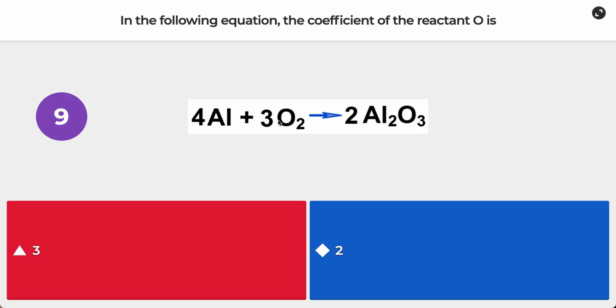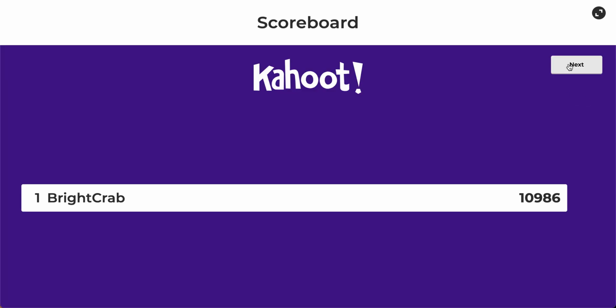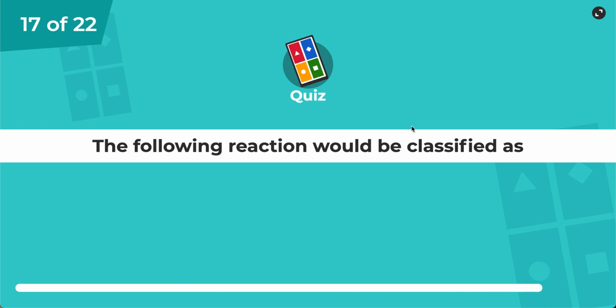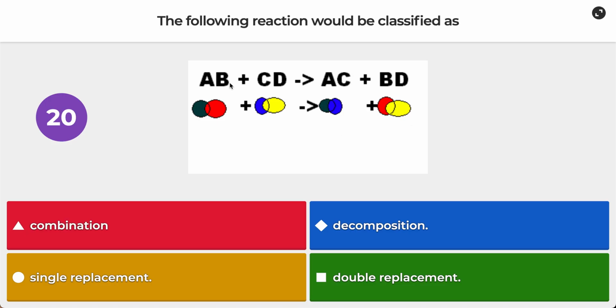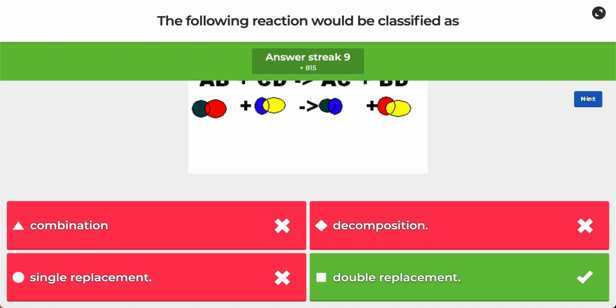All right, the reactant, we're looking on the left-hand side, and so we are looking at this number 3 is the coefficient, the big number. All right. The following reaction would be classified as what? So this is going to be, once again, we have ions swapping places, and that is going to be a double replacement reaction.